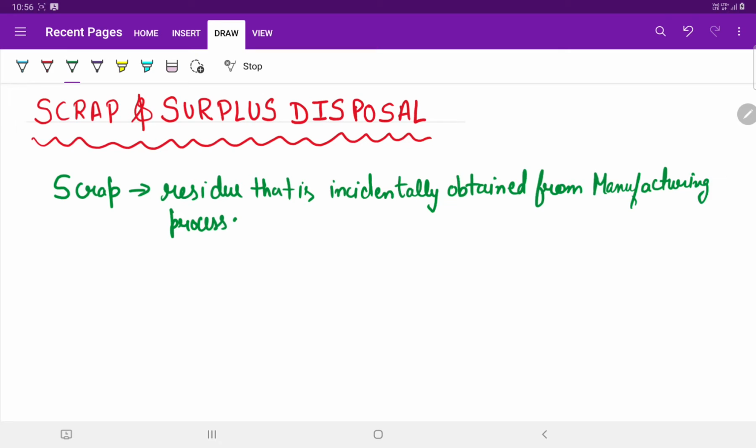It is usually of small value and is recoverable without further processing. It can be recovered and recycled.